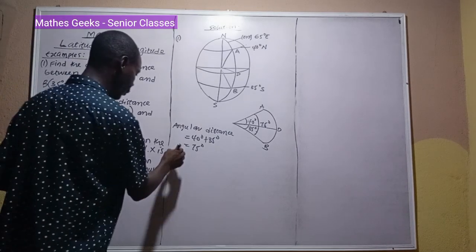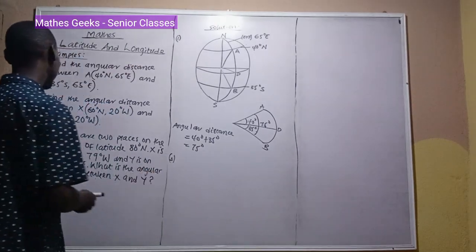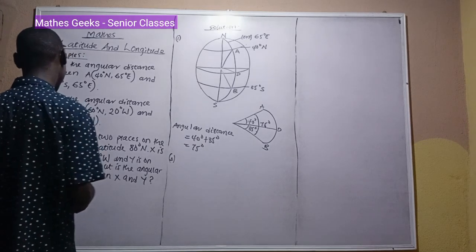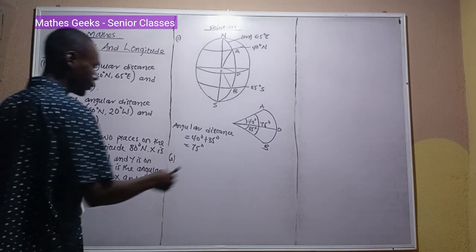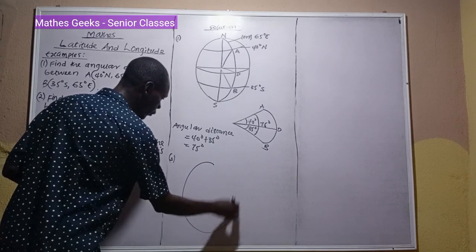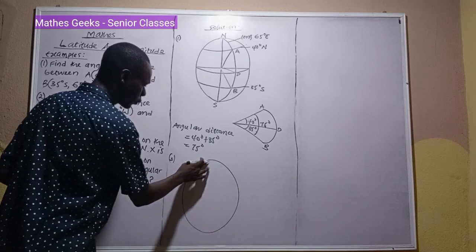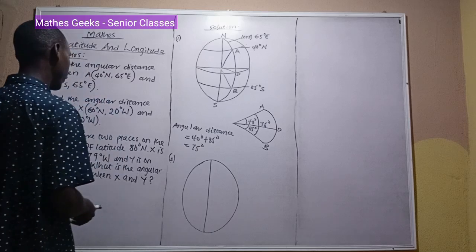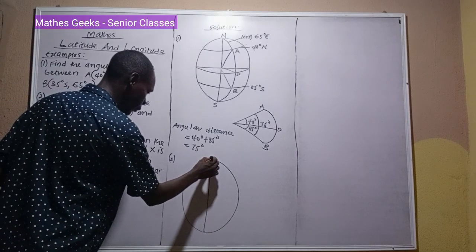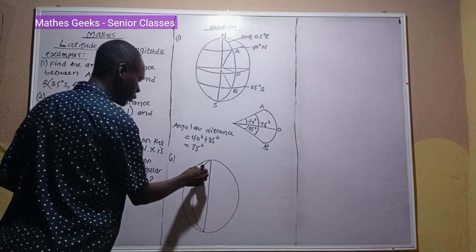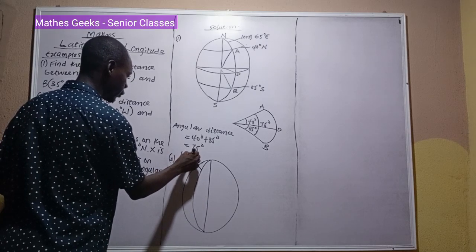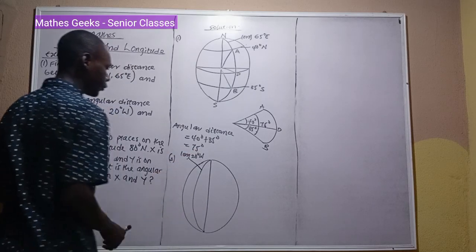Number 2, find the angular distance between X 60 degrees north, 20 degrees west, and Y 40 degrees north, 20 degrees west. Right. So our line of longitude is 20 degrees west. Longitude 20 degrees west.